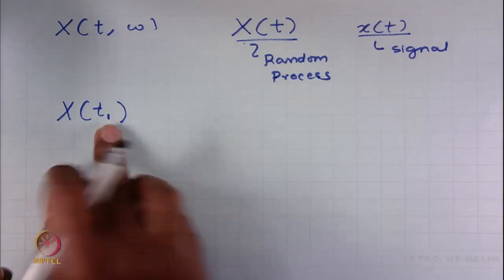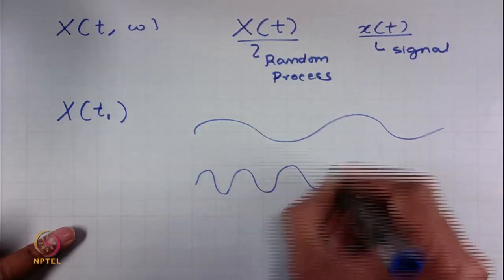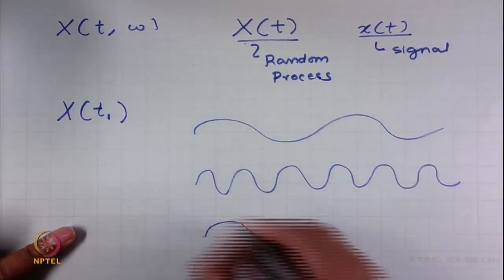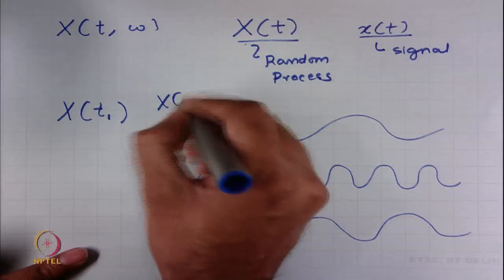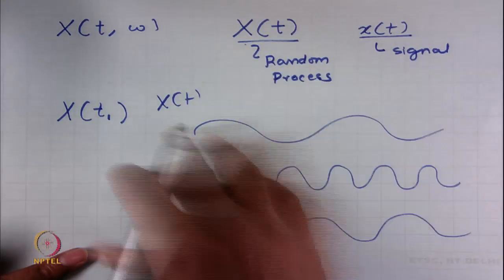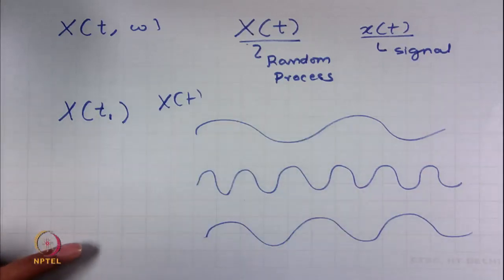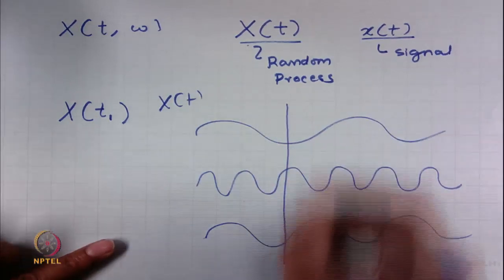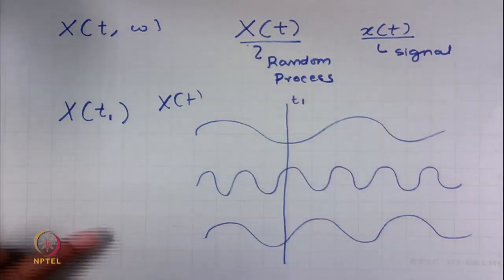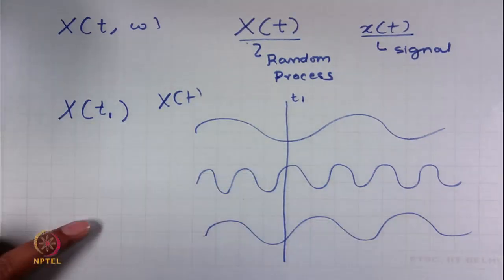X of t1 would tell you that if you have a random process which is built up of different sample functions, so this is X of t, you have the ensemble, and you also know the probability with which each sample function occurs, and if you evaluate this random process at a specific time instance t1, as I have said, you get a random variable. So, X of t1 is nothing but a random variable.